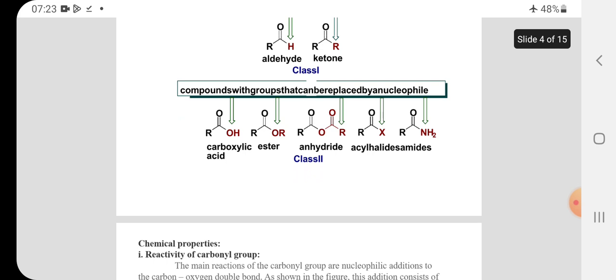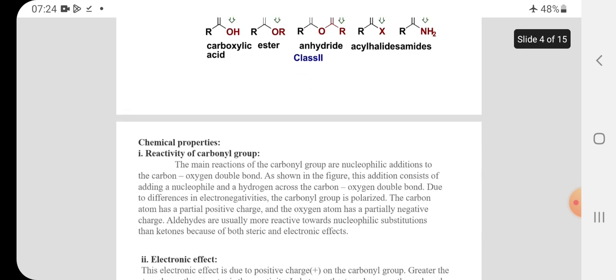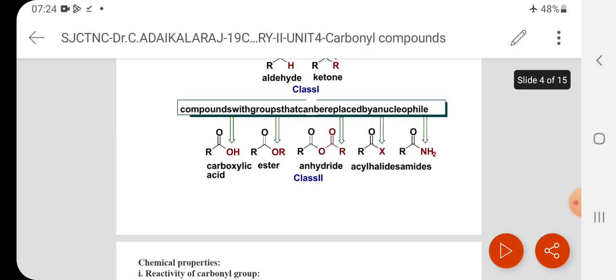Otherwise, the class 2 compounds, with groups on the carbonyl group that can be replaced by a nucleophile, include carboxylic acid, ester, acid anhydride, and acyl halide, such as halo compounds. Next, amides, aliphatic amide or aromatic amide. These groups are easily replaced by a nucleophile because they operate with a positive mesomeric effect.